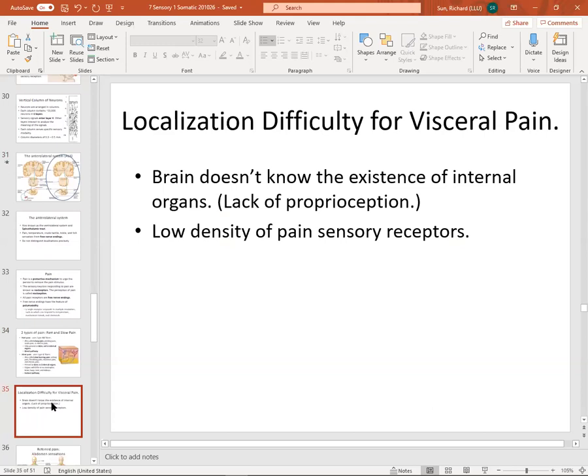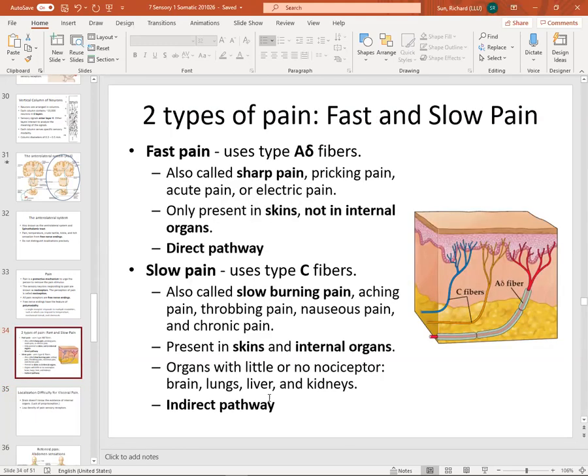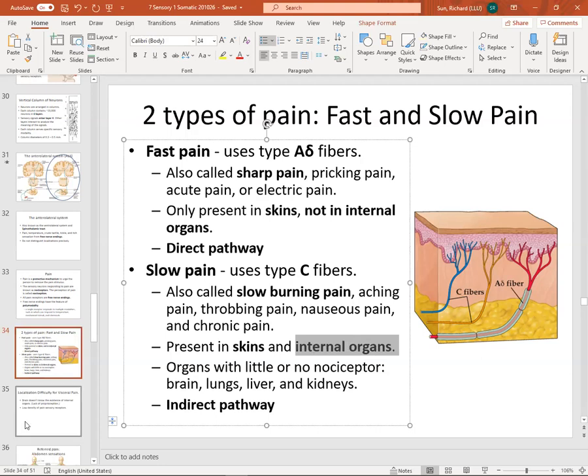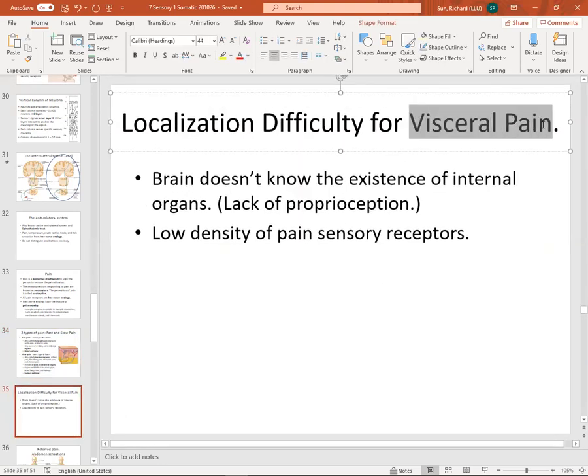The internal pain is also called visceral pain. This internal organ pain from type C is also called visceral pain. Because we don't know where our organ is, it will be very difficult to localize the pain in the organ.